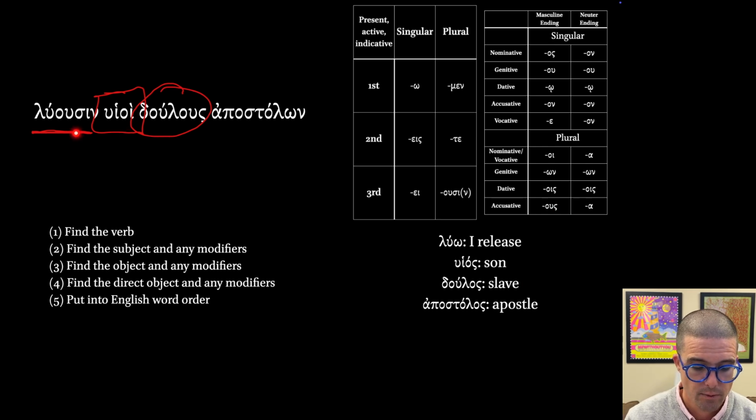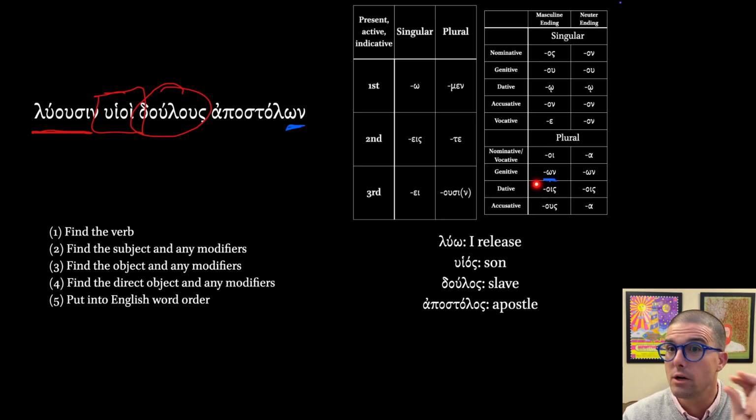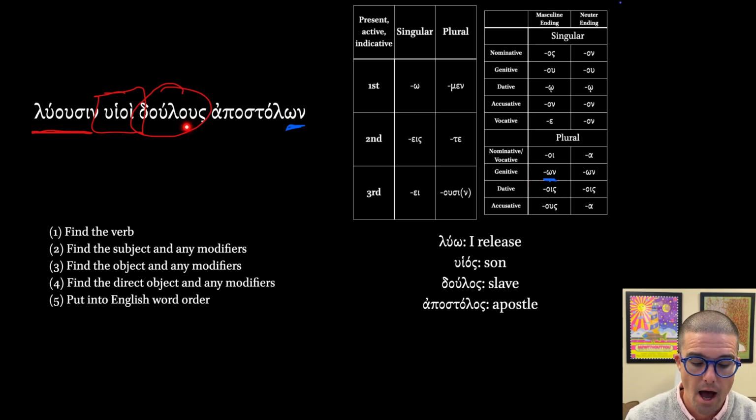So sons release slaves. And then this apostolon, we've got to figure out what to do with that. So we have this on ending, which is going to match up over here with the genitive plural. And remember, our go-to for the genitive is the English word of, very often showing possession or some kind of relationship. So in this case, slaves of apostles is what our whole phrase is here.